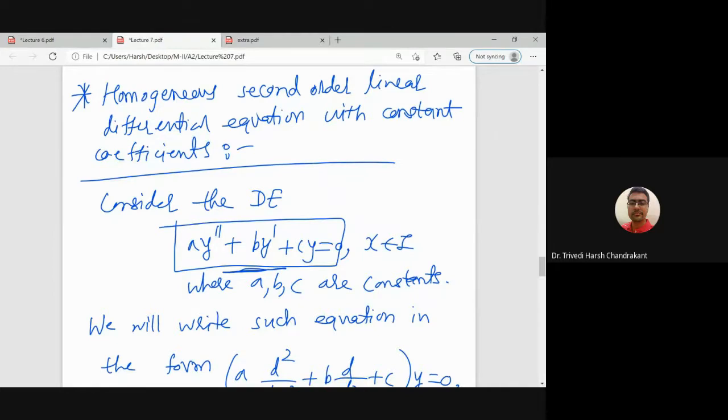Because a times (y1 plus y2) double dash plus b times (y1 plus y2) dash plus c times (y1 plus y2) is equal to basically Ly1 plus Ly2, and y1 and y2 are solutions, so Ly1 and Ly2 are 0.